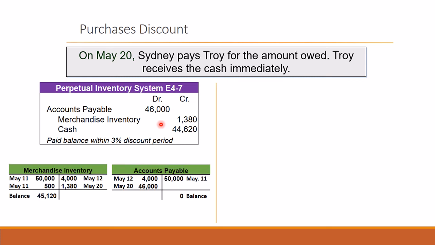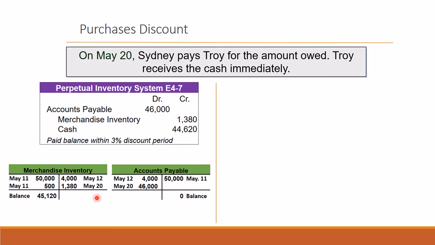After we post this particular entry, we can see that our merchandise inventory account balance has been reduced to $45,120, showing the reduction in costs related to paying within the discount period.